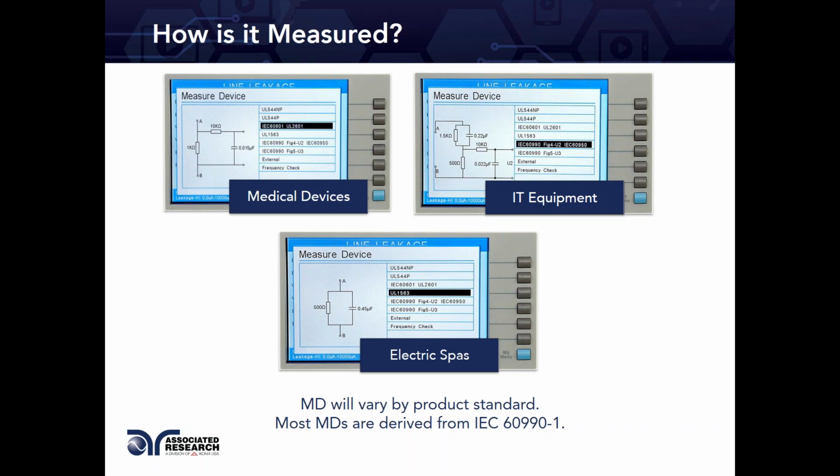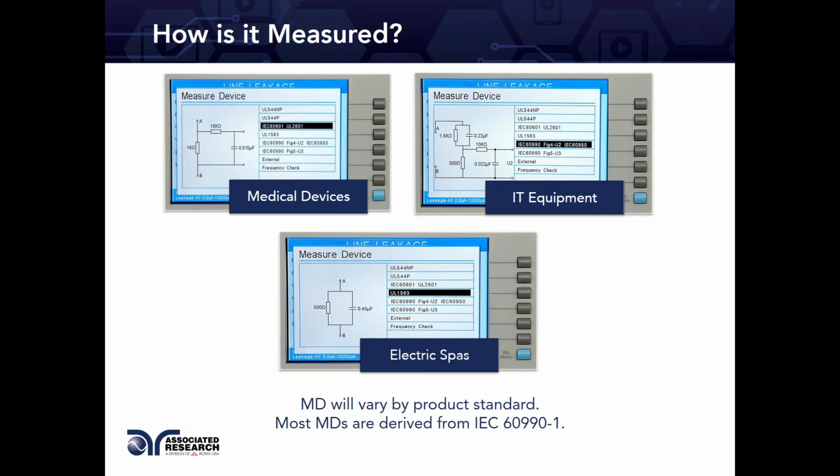On the very left, we're looking at the IEC 60601 or UL 2601 measuring device circuit for the medical standard. If you focus on the circuit, it's basically two resistors along with a capacitor. And obviously, there's a frequency weighted response for each medical device, and that's why the readings are taken accordingly.